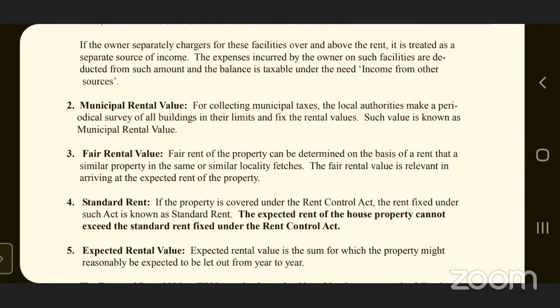Means we can assume a house which is adjacent to our house, how much they are getting, which is exactly the same area-wise, facilities-wise, furnishing-wise. If all the elements are the same in the same locality, how much the other tenant is getting, that is called the fair rental value. So on the basis of the rent that a similar property in a similar locality fetches.